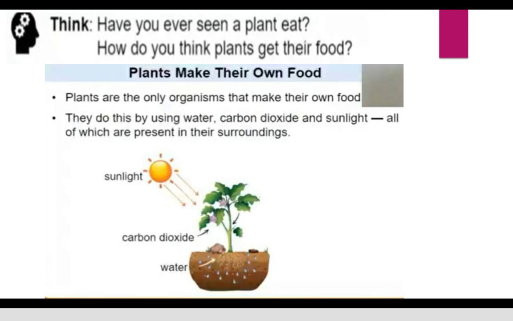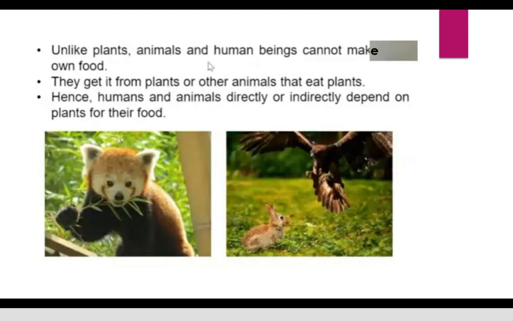Unlike plants, animals and human beings cannot make their own food. So what do they do? They depend on plants and other animals.